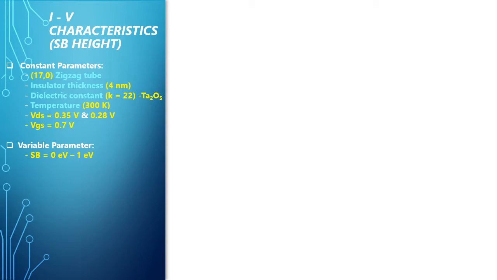In this slide, I will be discussing the current-voltage characteristics of the two CNTFETs by changing the Schottky barrier height. It's worth mentioning here that the Schottky barrier is not present in the MOSFET-like CNTFET, so I will simulate that in a regular way.